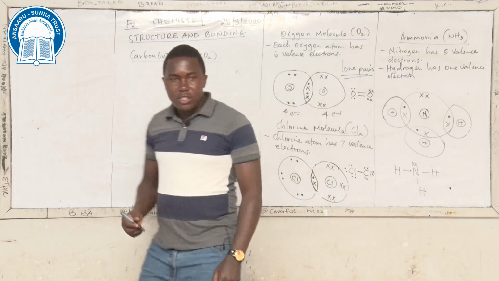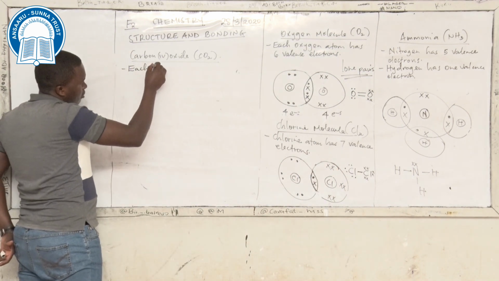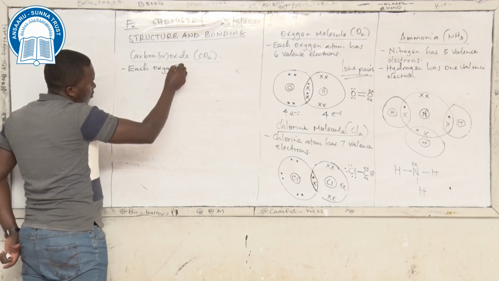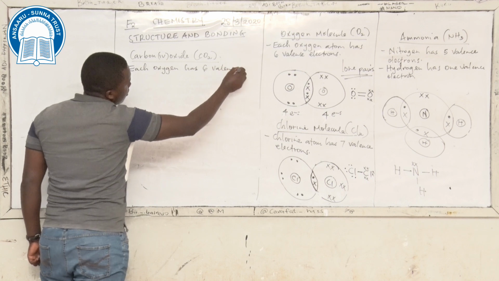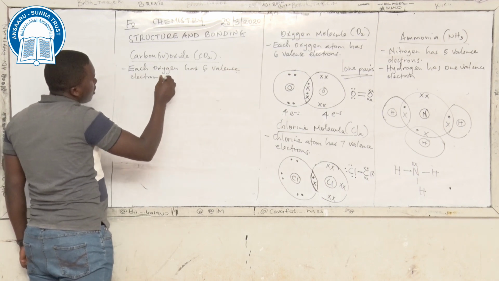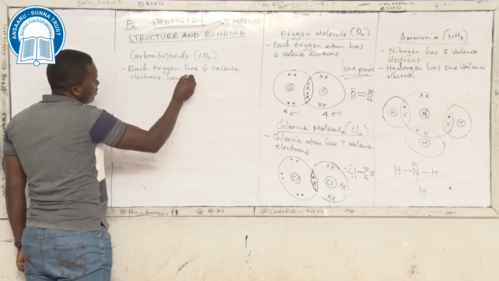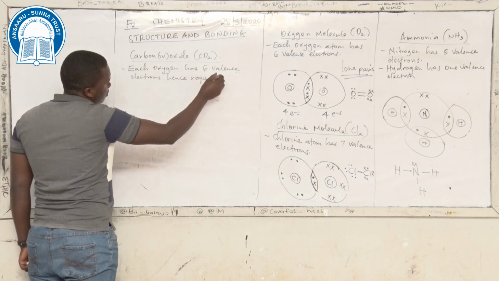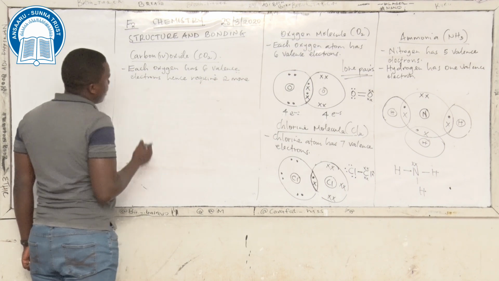We know that each oxygen has 6 valence electrons, hence requires 2 more electrons.